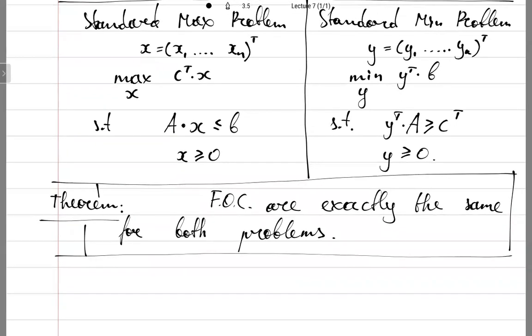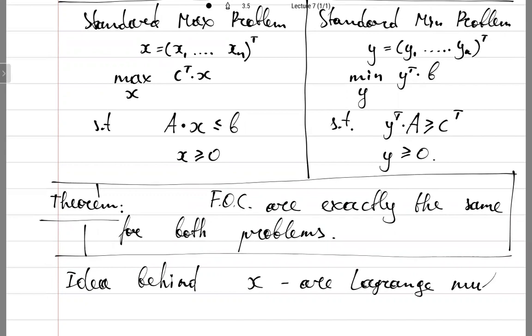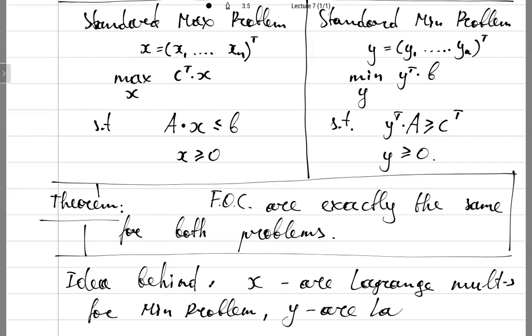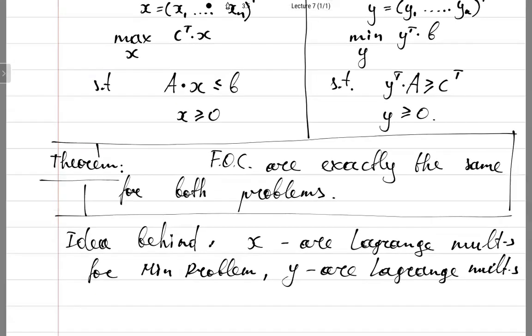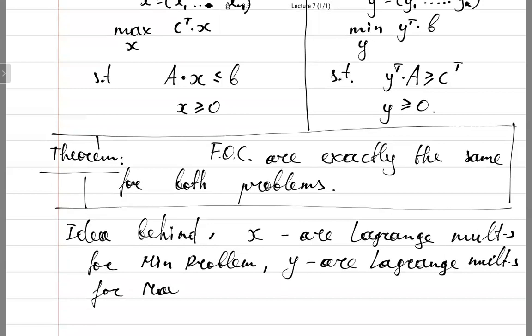And the idea behind this link, the idea behind duality, is that x1, ..., xn are Lagrange multipliers for the minimization problem, and y1, y2, yk are Lagrange multipliers for the maximization problem.